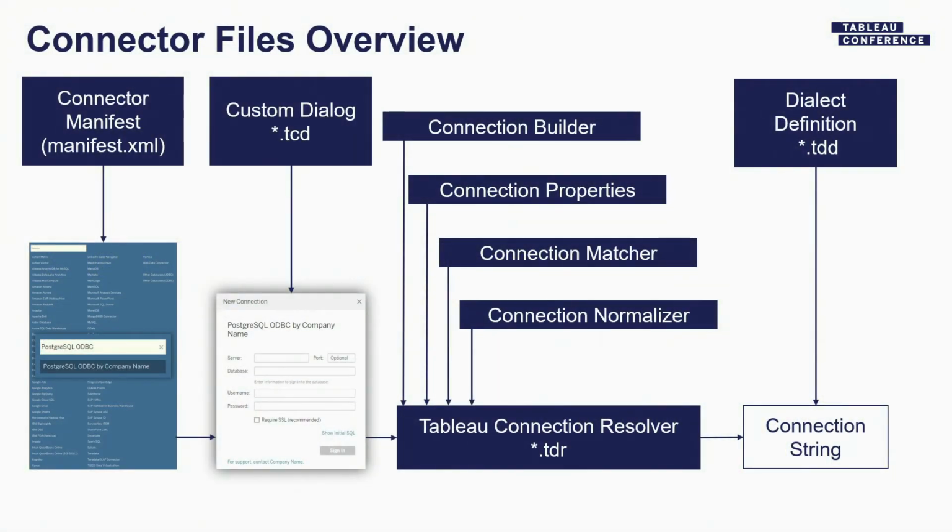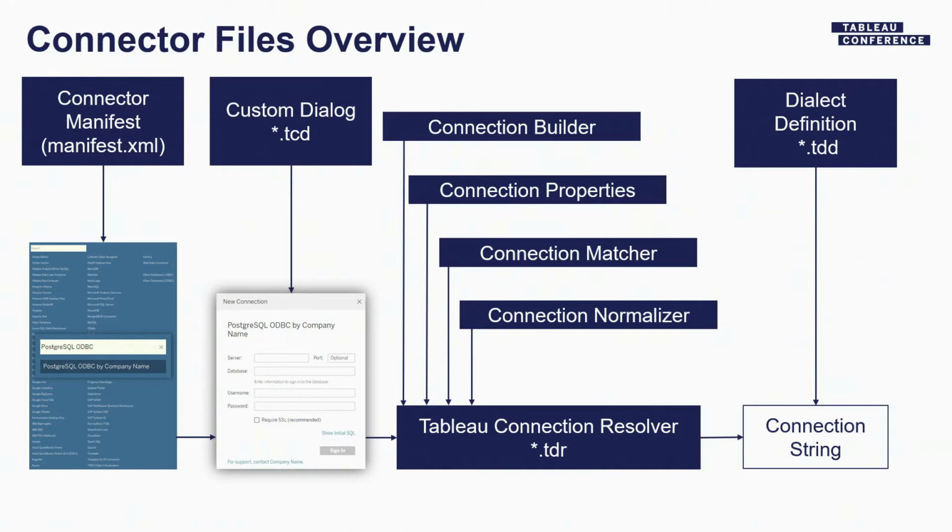So a Tableau connector contains a bunch of files. Don't worry about so many crowded slides. We will go through each of the files in depth later. When you build a connector, the best way to think about this is object-oriented programming in software engineering.